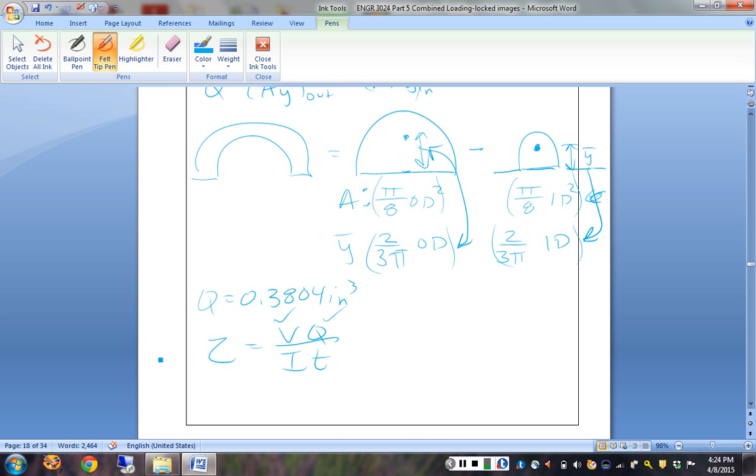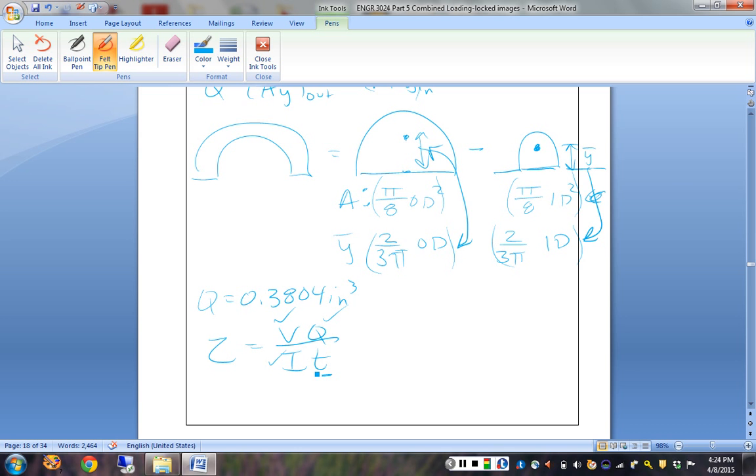Lest I digress. I usually digress. Okay, so we got that one, we got that one, we got that one. What is this one? Remember your thickness: two pieces. It's twice the wall thickness, or just the outer diameter minus the inner diameter.